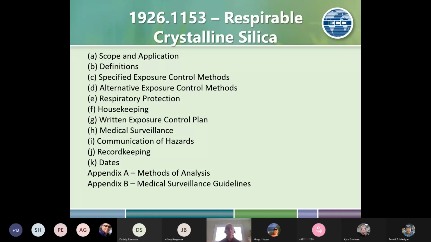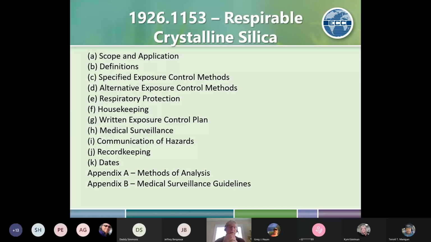You'd have dust accumulating on rafters, on ventilation system ducts, and anything that would cause vibration or a disruption would then re-entrain that dust. So housekeeping can be really important when you're dealing with materials like this.